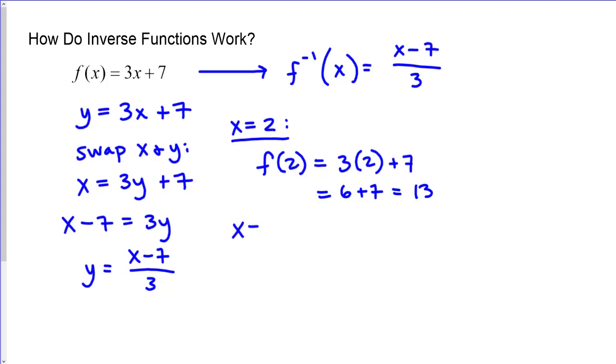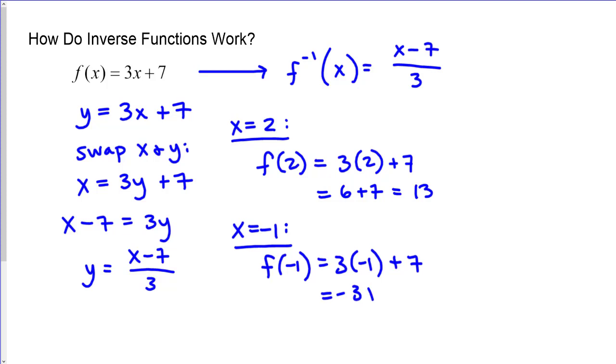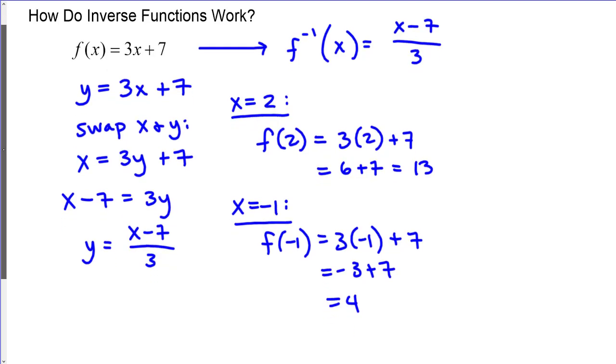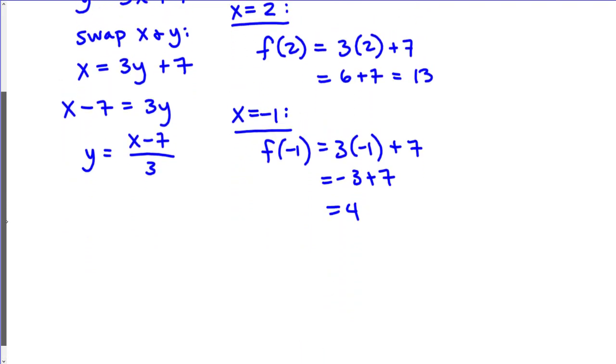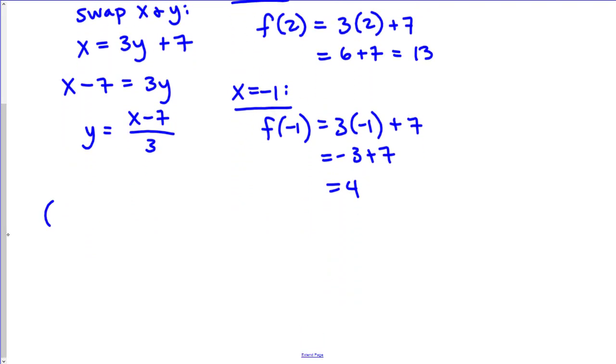And I'm going to take x equals -1, plug that into f of x. So 3 times -1 plus 7. So -3 plus 7 gives me +4. So I have 2 points. I have the coordinate pairs 2, 13 and -1, 4.